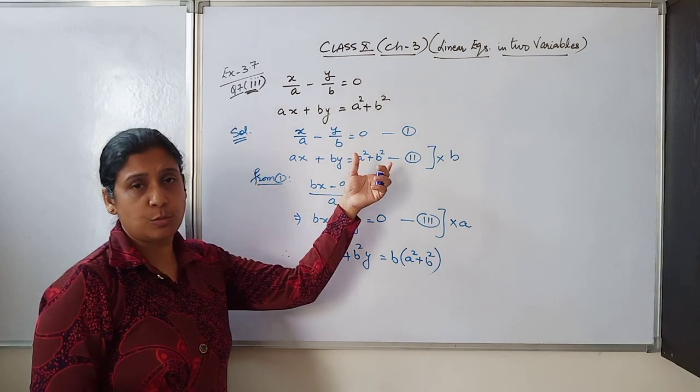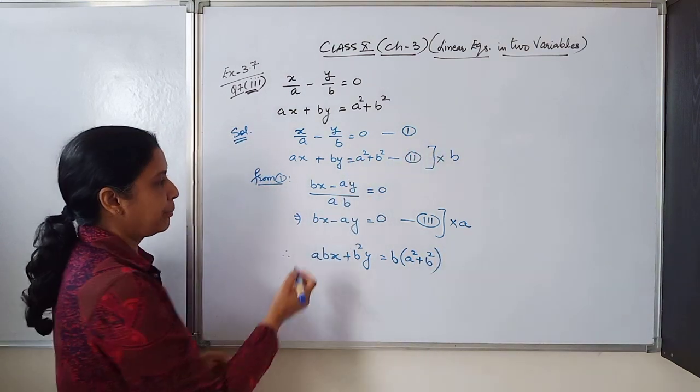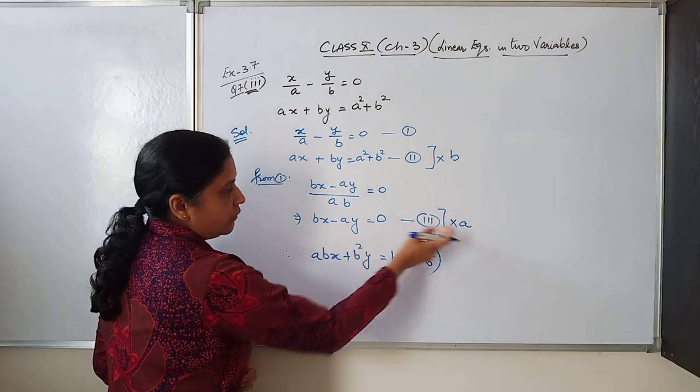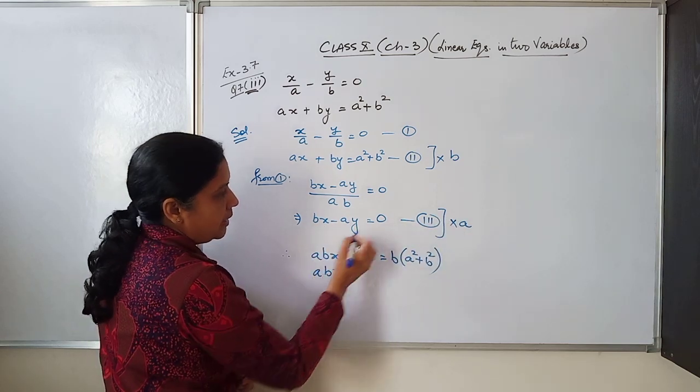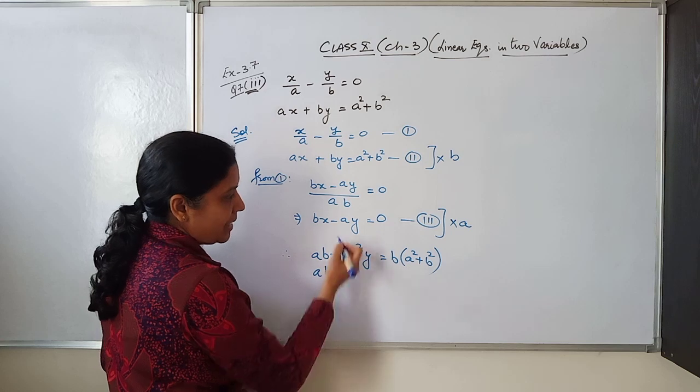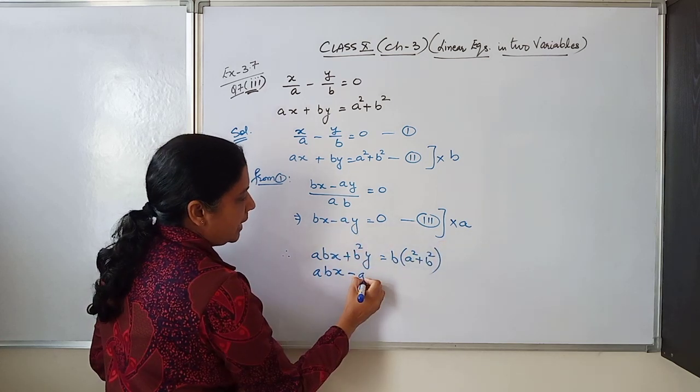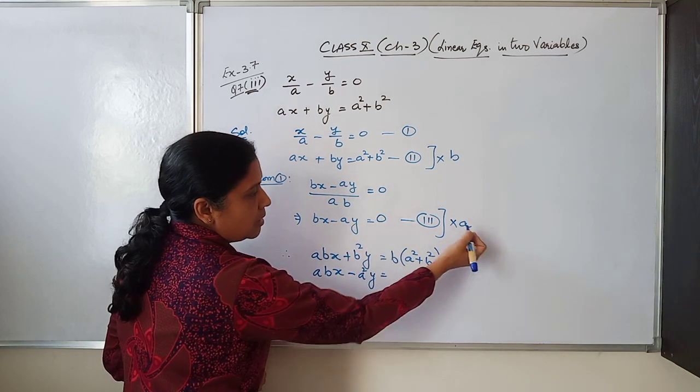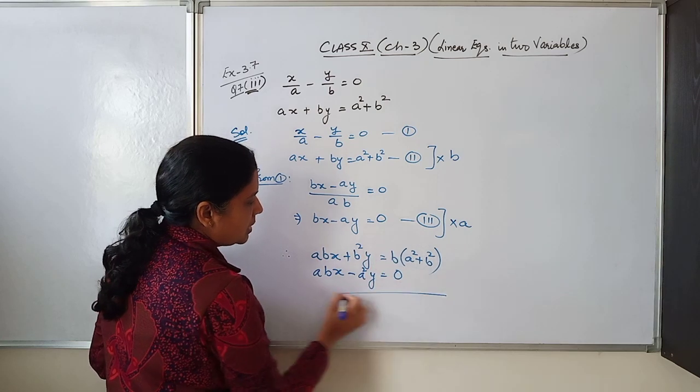The whole equation should be multiplied with the same number. Okay. Let's multiply the third equation with a. It becomes abx minus a into a square y is equal to 0 into anything is 0.